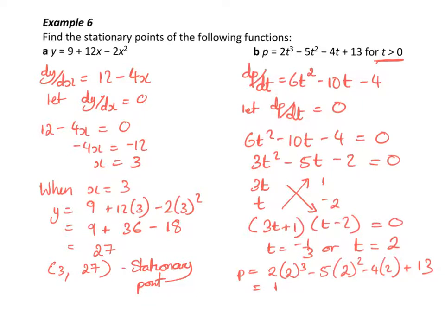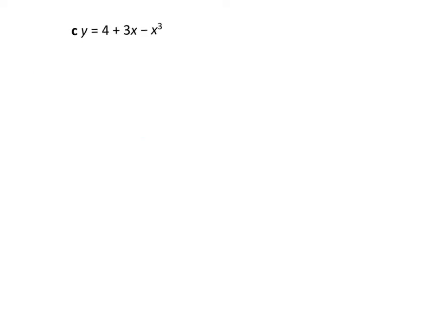So t is like our x, so it's 2, 1, and that is our stationary point that we're interested in, because we were only interested in the t values greater than 0. One more, finding the stationary point here. Again, it's a cubic, so we would expect a maximum of 2 stationary points.